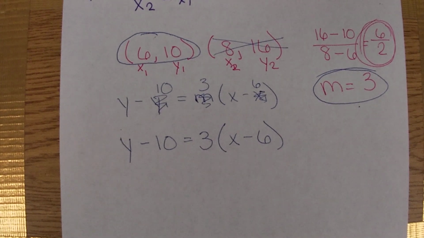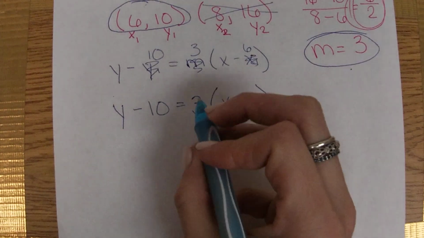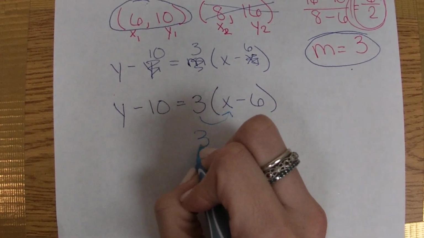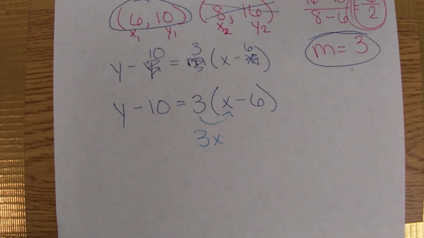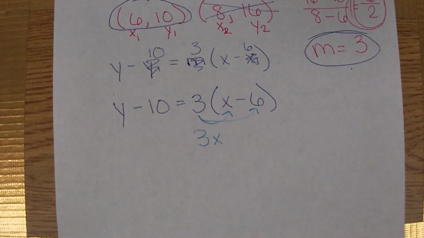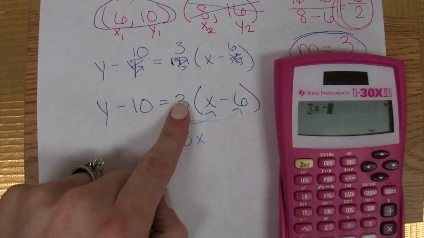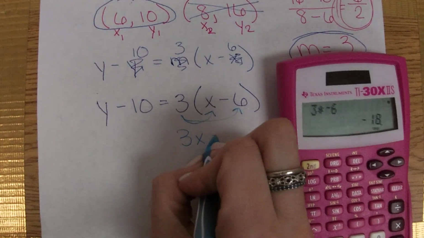But we also said that we couldn't leave our answer in this format. We wanted our final answer to be in slope-intercept form, which was y equals mx plus b form. So we said to get this into slope-intercept form, we would distribute. 3 times x is 3x. 3 times negative 6: lots of you were using a calculator to help you, and I said in your calculator, type 3 times negative 6, which gave us negative 18.